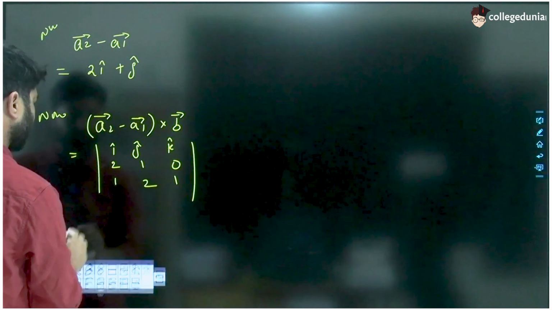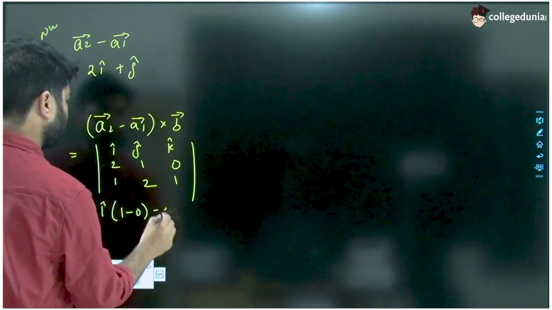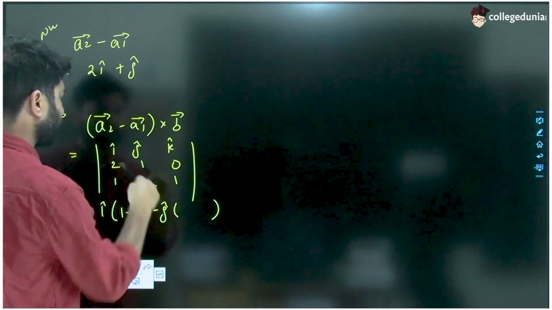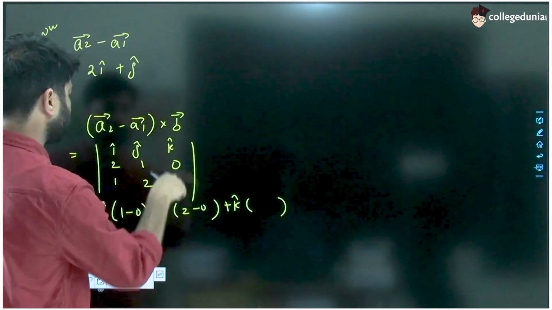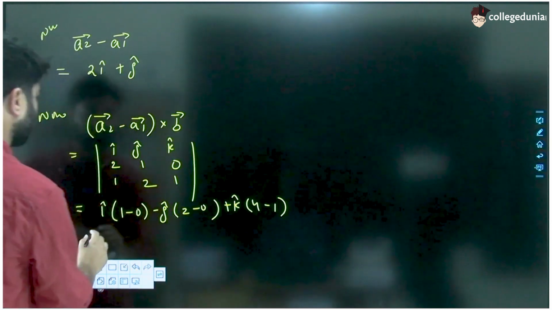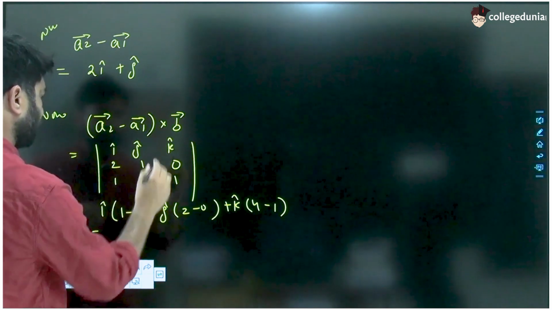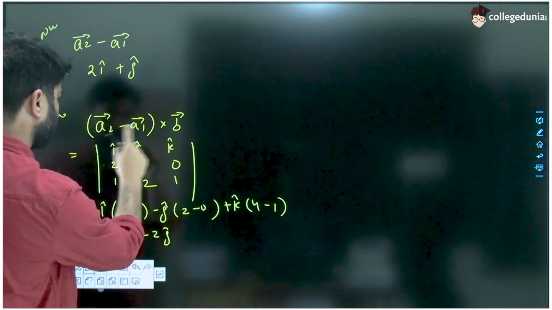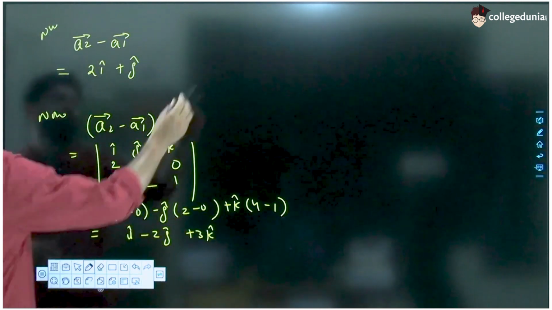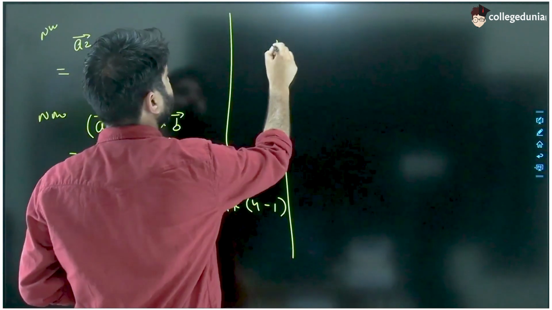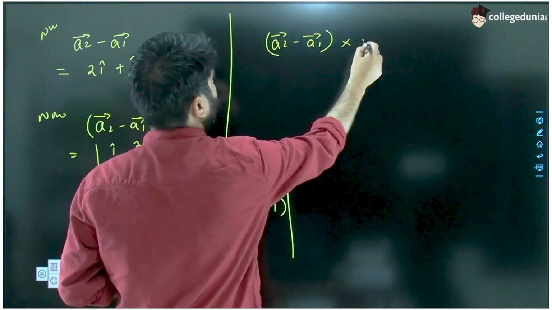So this becomes i (1 minus 0) minus j (first row, second column: 2 minus 0), then k (first row, third column: 4 minus 1). So this is i minus 2j and 3k.